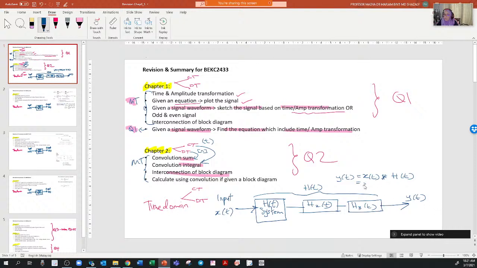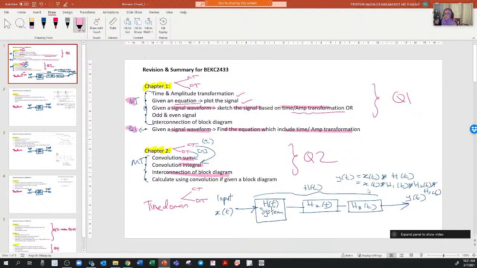So how you write this out is x(t) star, the asterisk means convolution, h1(t), h2(t), and the last one is h3. Okay, so this is how later on you need to calculate the convolution, and do it one by one, as mentioned in the last class.